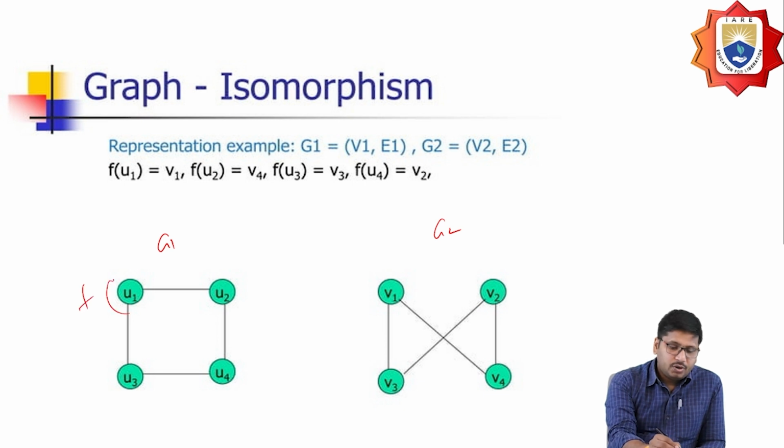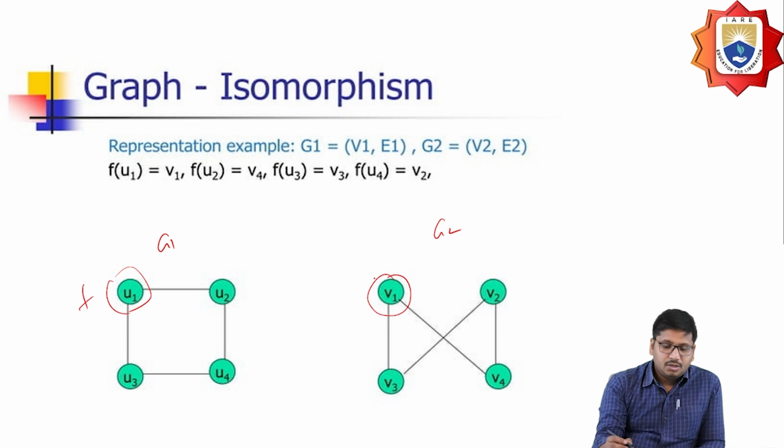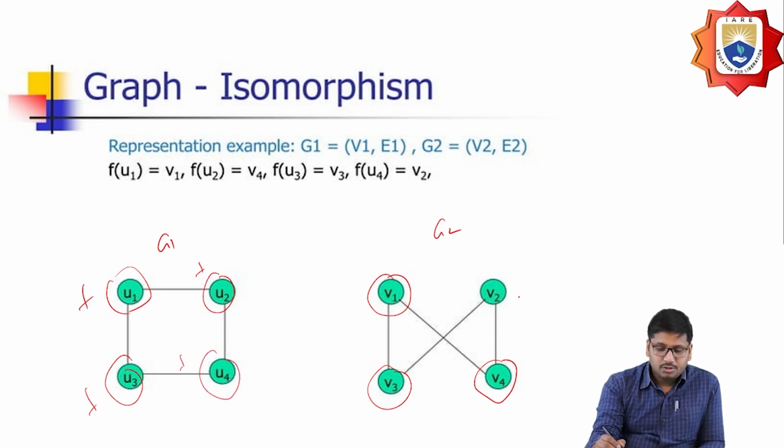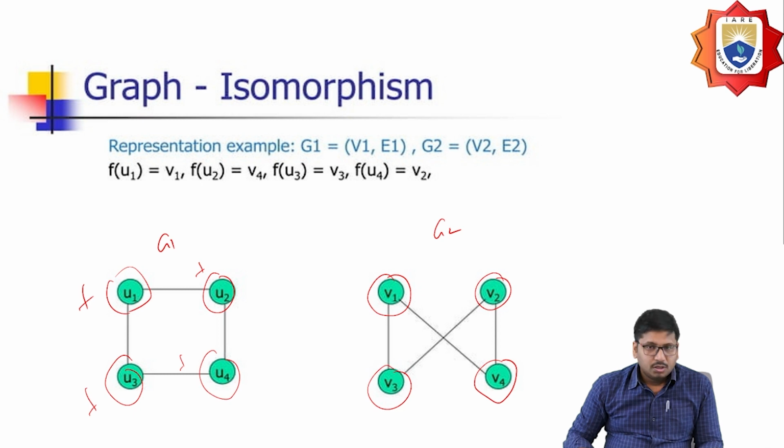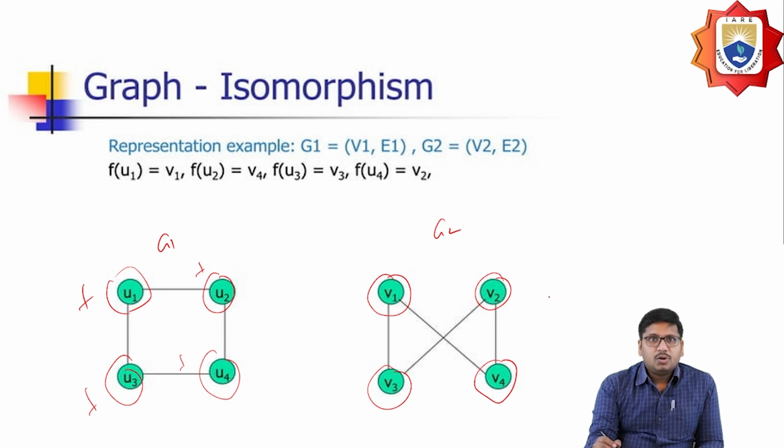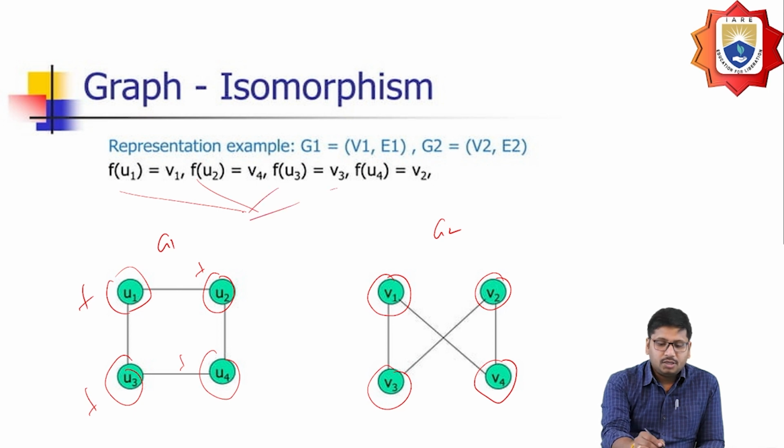The function f of u1 corresponds to v1, f of u2 corresponds to v4, f of u3 corresponds to v3, and f of u4 is v2. This is how we represent it, and this is what we call an isomorphism. Whenever two graphs are said to be equal in this way, the function f is said to give isomorphic graphs.